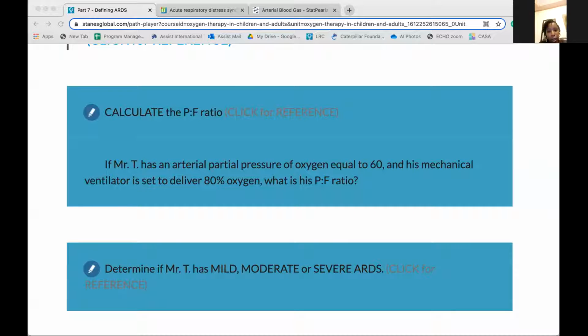Let's see. Someone has written 133. Anyone else? We have a partial pressure of 60, and our FiO2 is 80%.